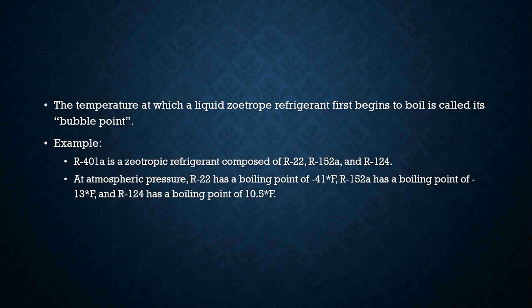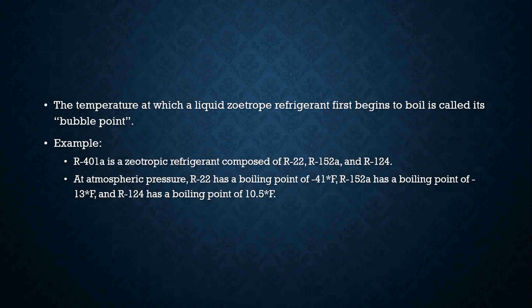The temperature at which a liquid zeotrope refrigerant first begins to boil is called its bubble point. Okay, so for example, R401A is a zeotropic refrigerant because it's composed of R22, R152A, and R124. So at atmospheric pressure, R22 has a boiling point of negative 41 degrees Fahrenheit. R152A has a boiling point of negative 13.